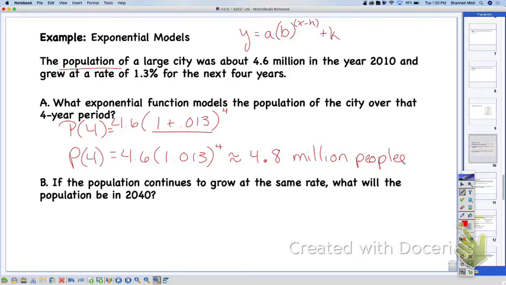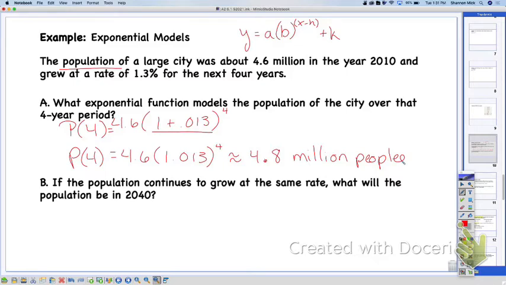Yeah, I have a little over 1% a year. I'm going from 4.6 to 4.8. That's reasonable, right? We did it wrong before. We just put 1.3 in before. And if I just put 1.3, that'd be 130%, wouldn't it? So you gotta make sure you make your percents decimals, things like that.